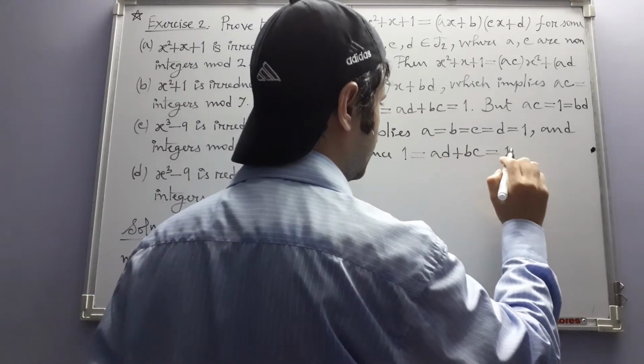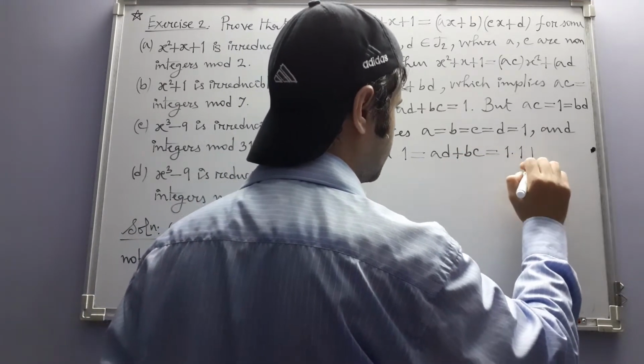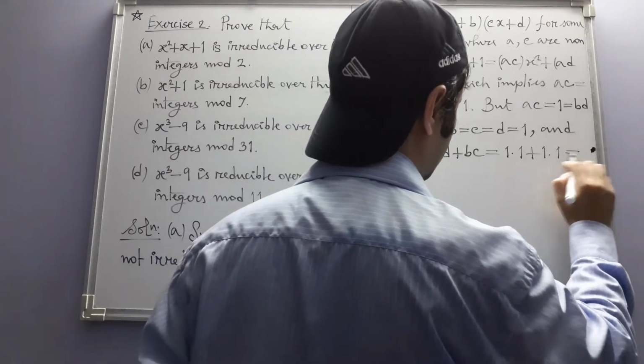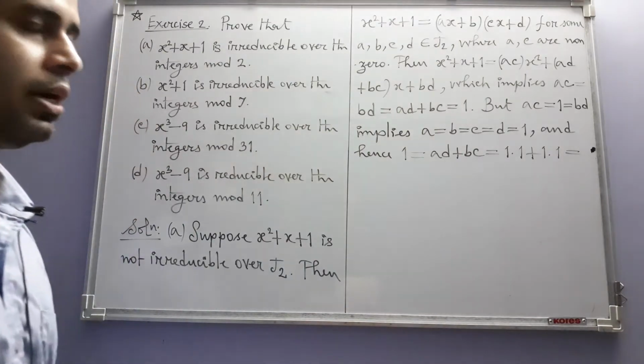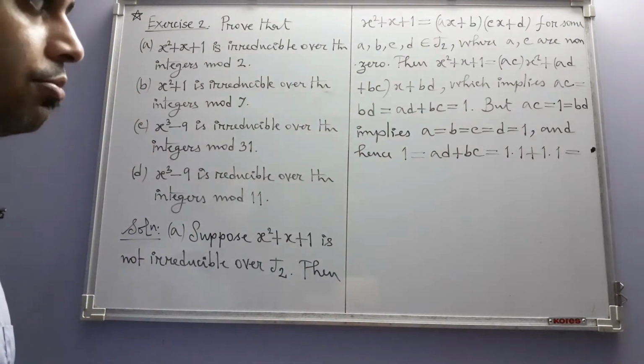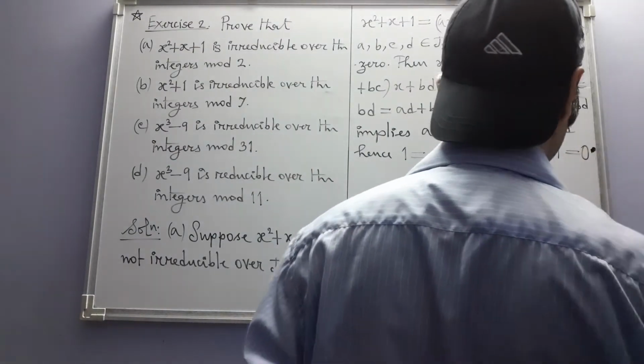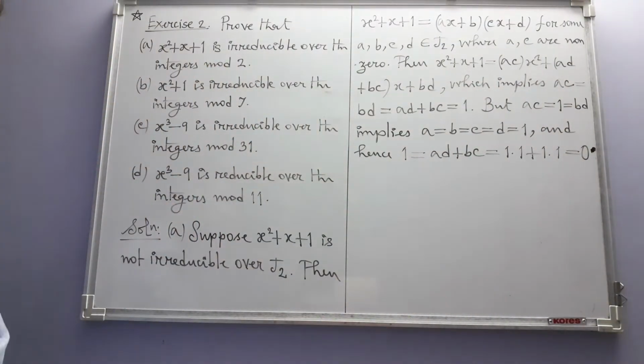Now our A is 1, D is also 1, B is 1, C is also 1, and we have 1 plus 1, and in J2 1 plus 1 is equal to 0. So this is a contradiction.